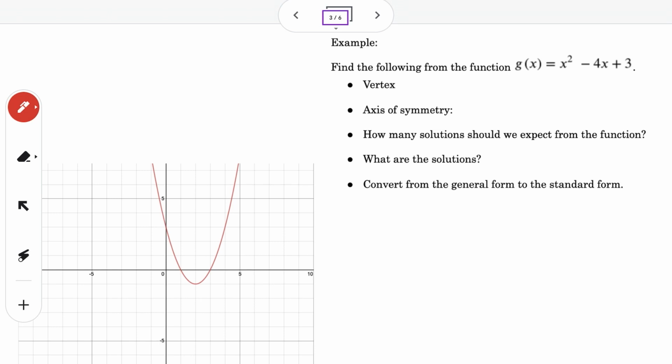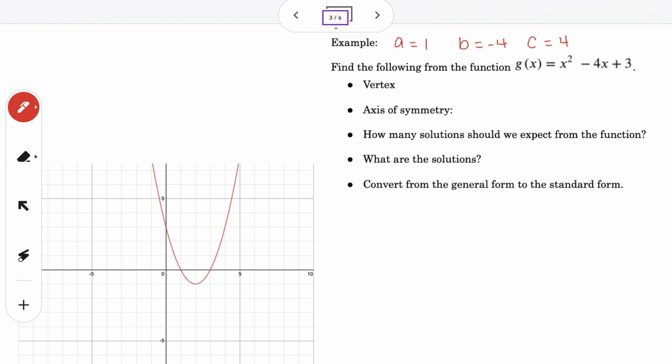When I'm looking at my equation, x squared minus 4x plus 3, our a value is 1, so the number in front of x squared. Our b value is negative 4, and our c value is positive 3.